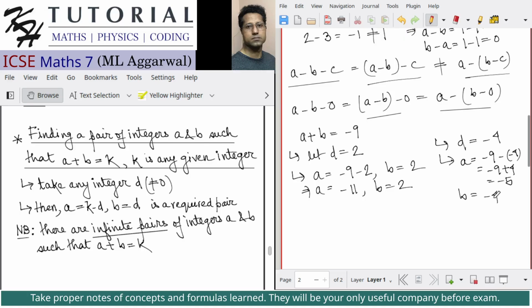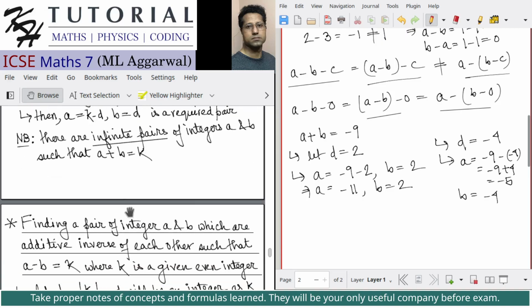If a plus b is given as minus 9, one such pair can be a is minus 11 and b is 2. Another pair can be a is minus 5 and b is minus 4. This way there are infinite possibilities of pairs of numbers a and b whose sum will be minus 9. This you must keep in mind.